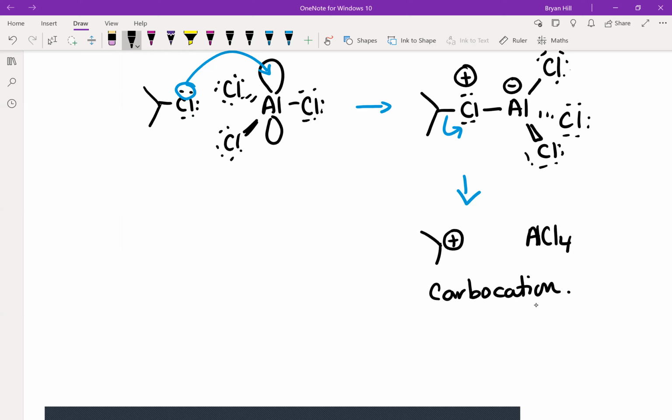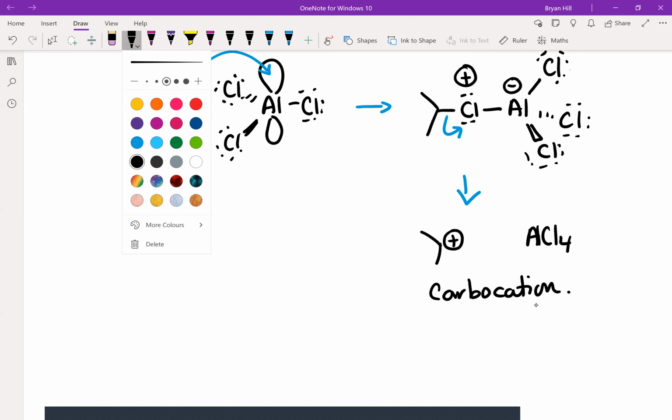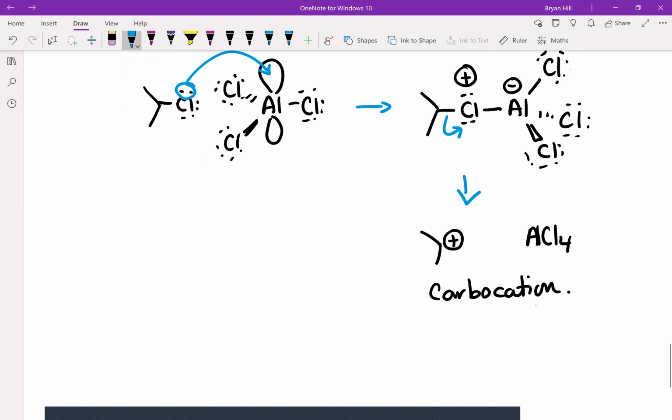Okay, so carbocations are very reactive, so these are very reactive electrophiles.